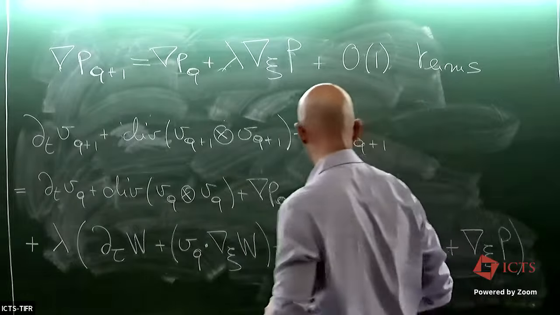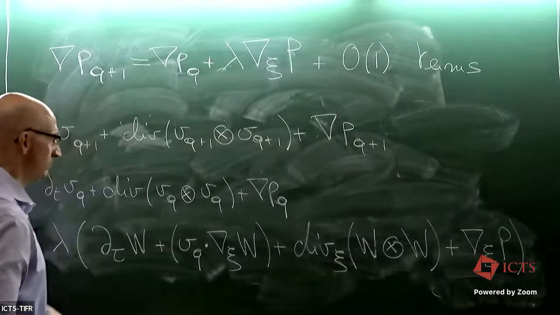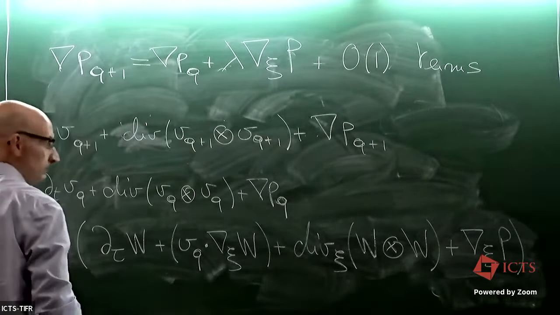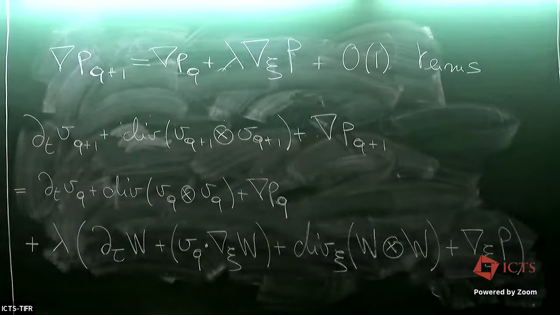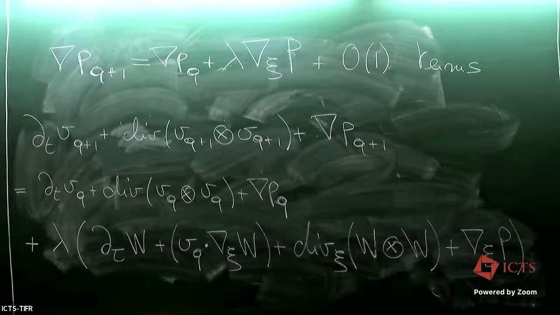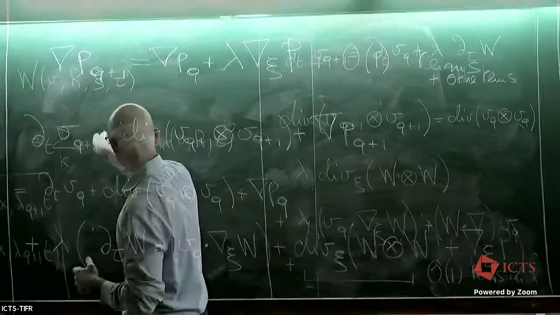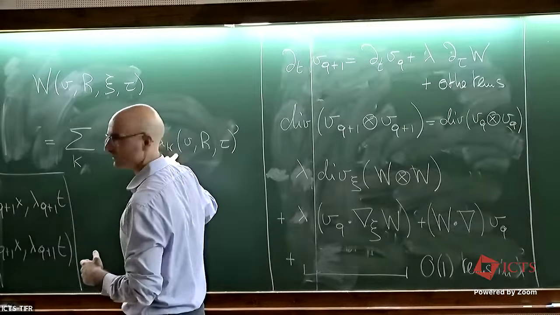Okay, and then there are terms which are order 1. I wrote one of them, but of course there are others, which come from differentiating the nonlinearity when I take W tensor W, but instead of differentiating the fast exponentials, I'm differentiating in there.